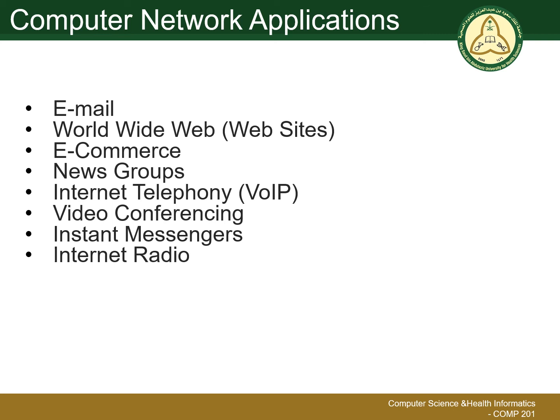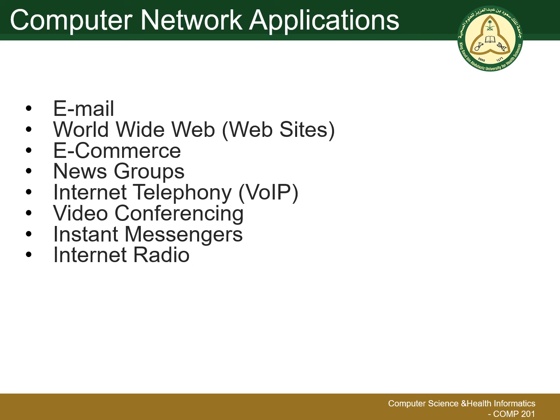Applications that you can see on a network, computer network applications. You can see email applications that allow you to send and receive emails. You can access the World Wide Web, applications like the internet. I can buy and sell products.